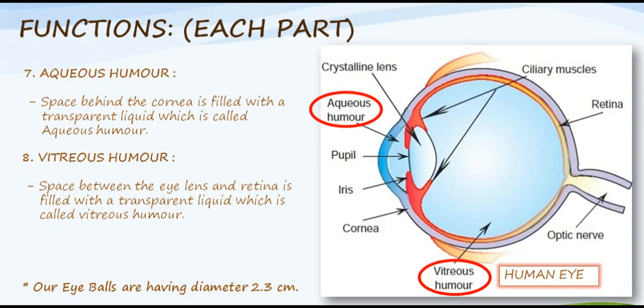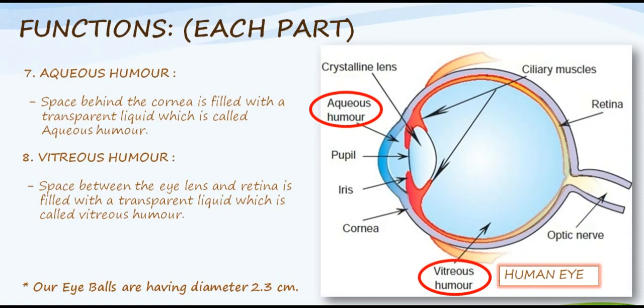So don't consider that the eye is totally empty. We have these two liquids filled inside the human eye so that it becomes spherical in shape. Clear? So they are very important to keep the shape of the human eye.